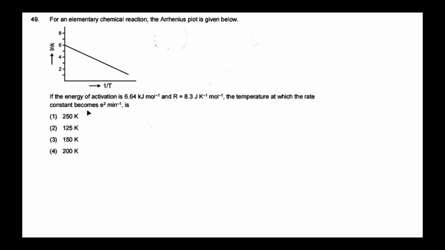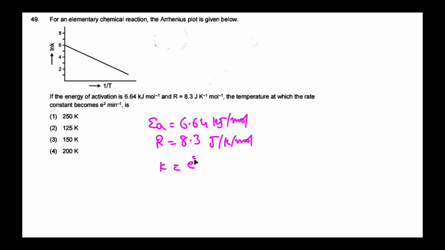So in this question, first, the given values: energy of activation Ea is 6.64 kilojoules per mole, R value is 8.3 joules per Kelvin per mole, and K value is equal to e square minute inverse.